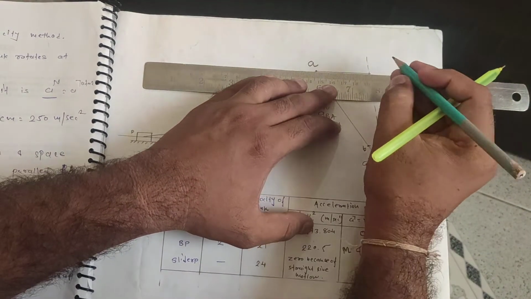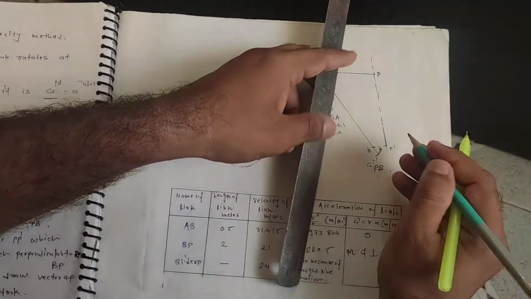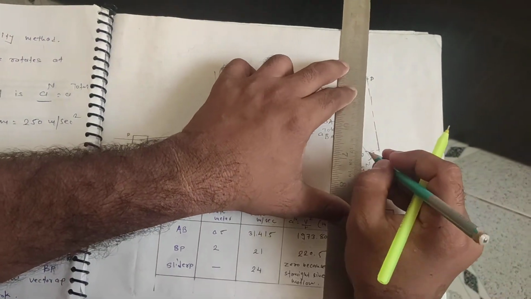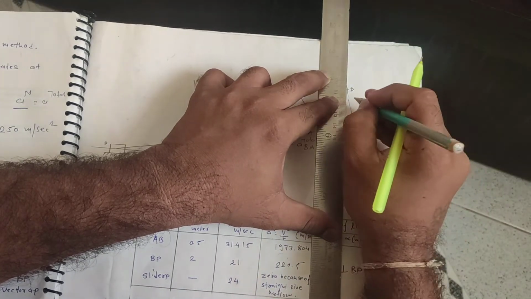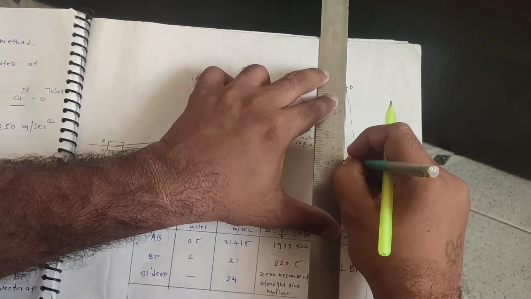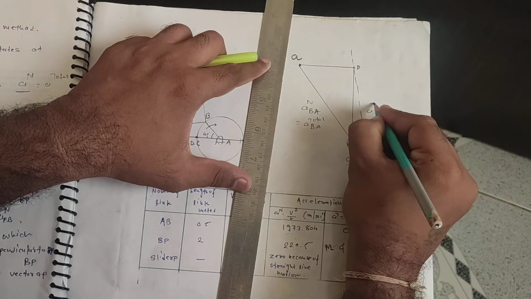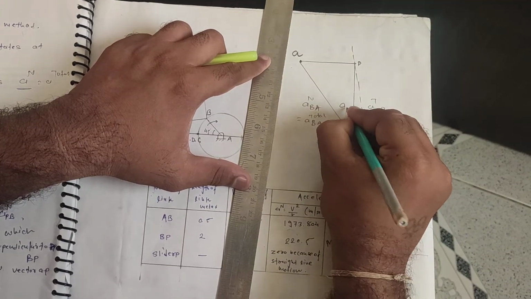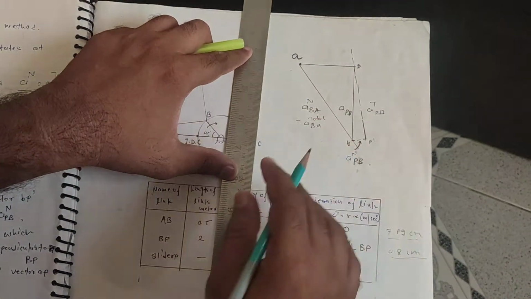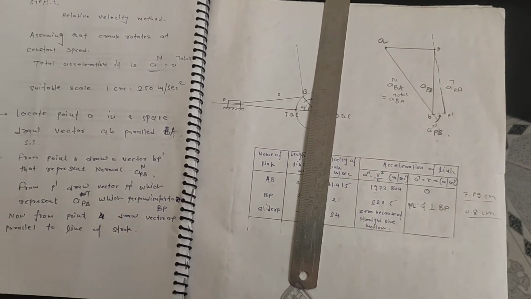Where it cuts, it may be the P point. And the total acceleration APB we have to make by a dark line. This is the tangential for PB, and this is the final APB. Clear?